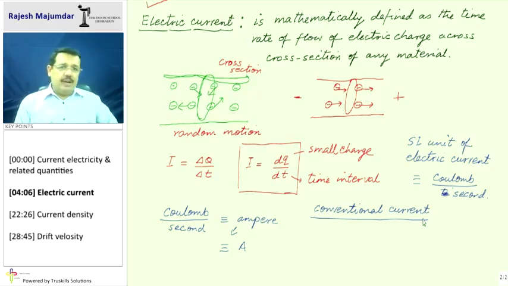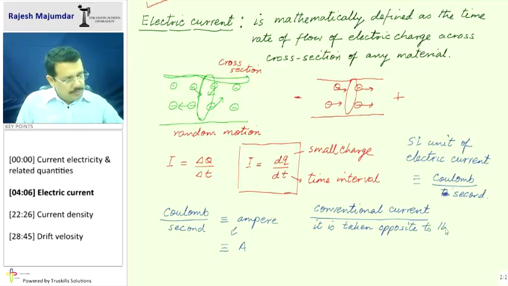So this is the meaning of conventional current. It is taken opposite to the flow of electrons.